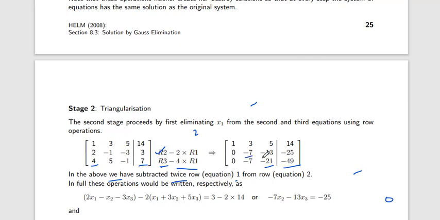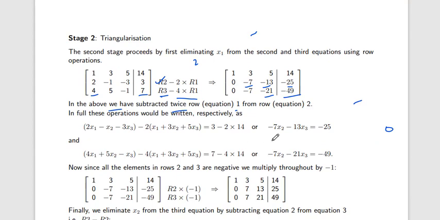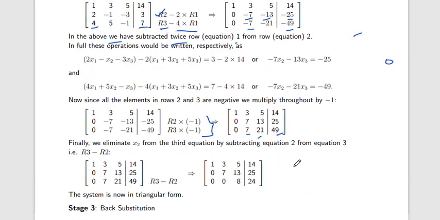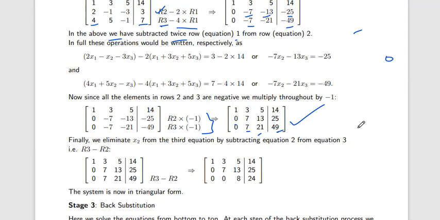First of all, here we can remove the minus signs by multiplying the second row by minus 1, so we get 0, 7, 13 and 25. Also in the third row we multiply by minus 1, we get 7, 21 and 49. So we get this type of matrix.